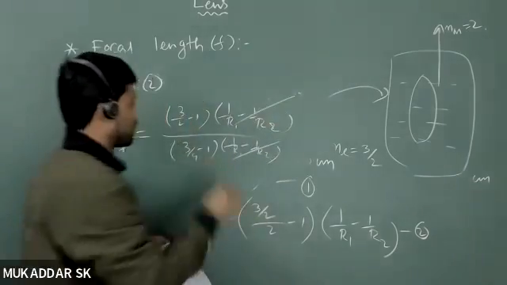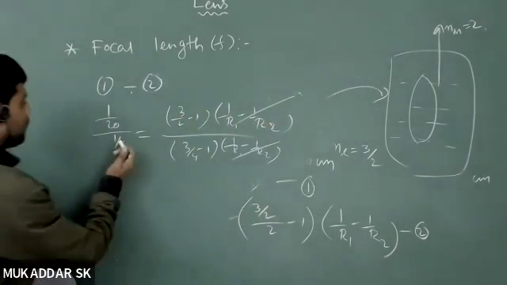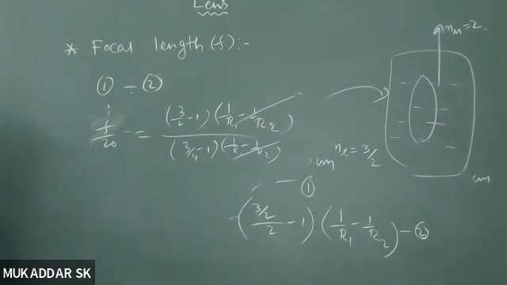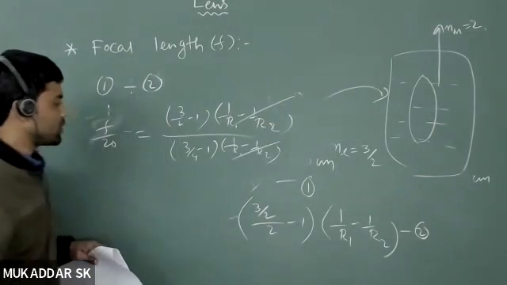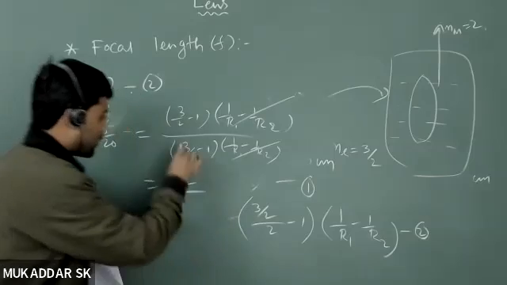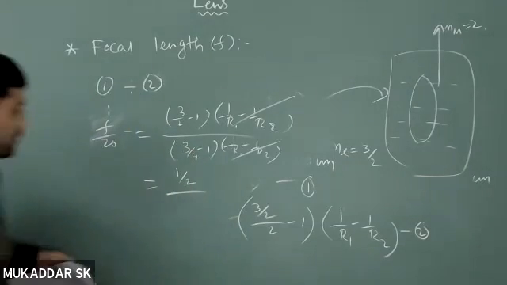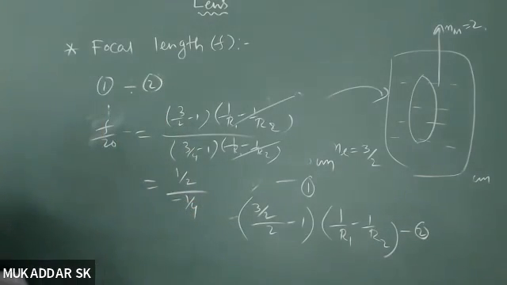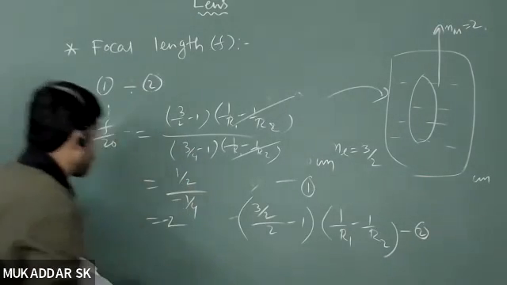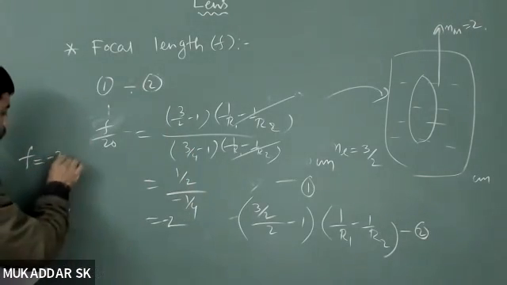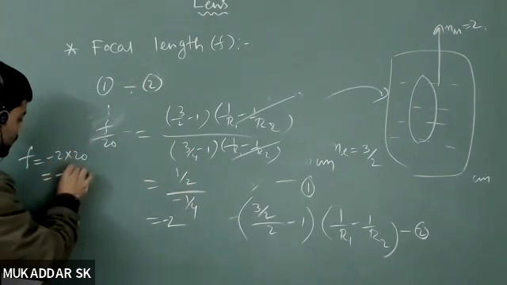This will be cancelled. 3 by 2 minus 1 will be 1 by 2, and 3 by 4 minus 1 will be minus 1 by 4. So basically that is minus 2. So the focal length is minus 2 into 20, so basically this is minus 40.